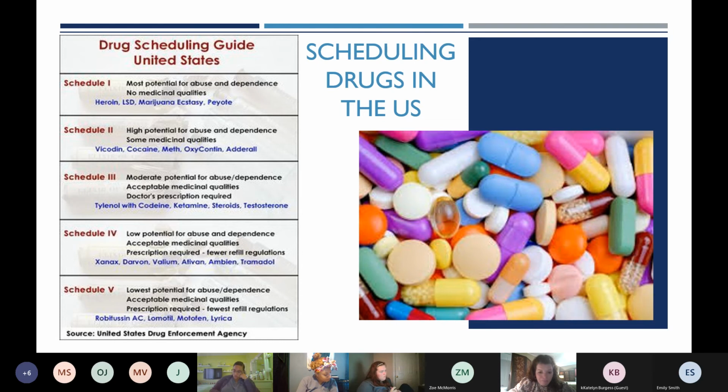Later on they'll say, oh, well, this is known to cause patients to be dependent upon these drugs. So when a drug is determined what schedule it is, that's something that has to be told to the patient. They need to be aware that this drug has a high potential for abuse and dependence. So the patient has a role and responsibility in knowing that.